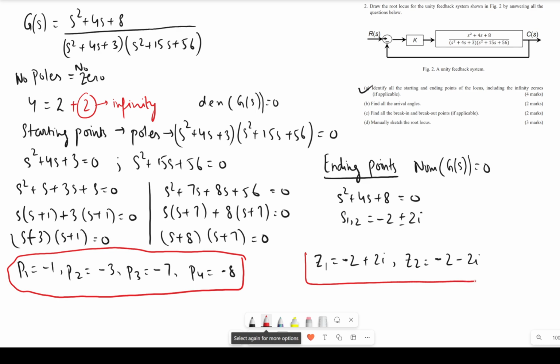So these are our ending points. We are done with the first part. Now we'll move on to the second part.